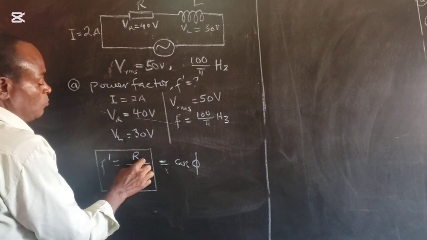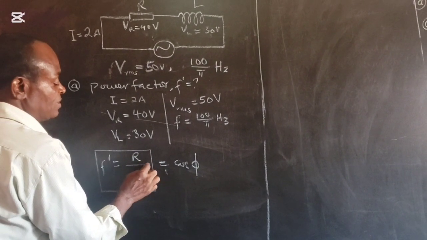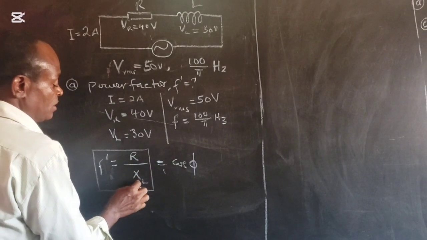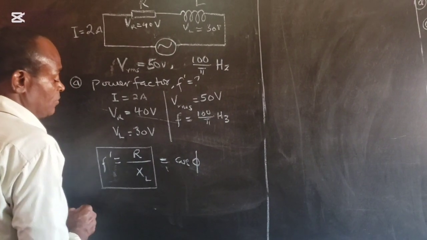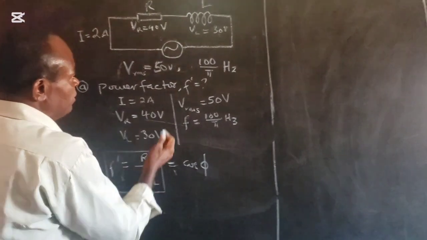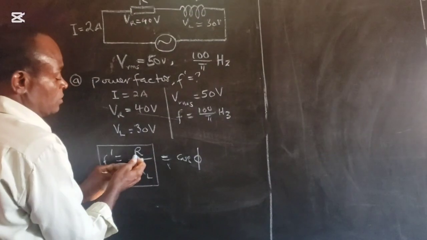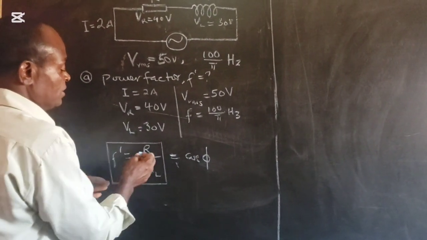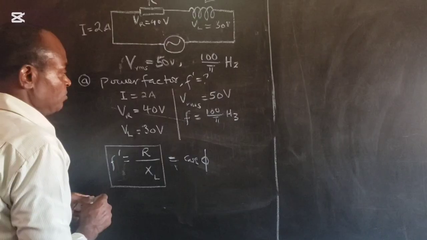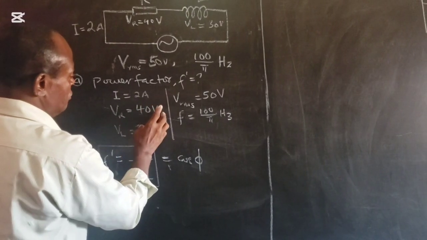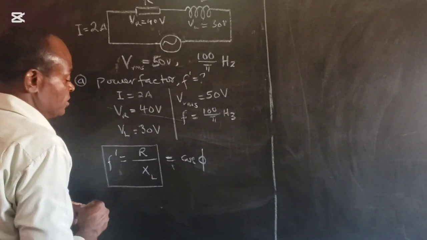Power factor equals ratio of resistance and the inductive reactance. So we're not given inductive reactance from the question, so we have to look for it. The same thing with resistance, but we're given their respective voltages and current, so that could help out.